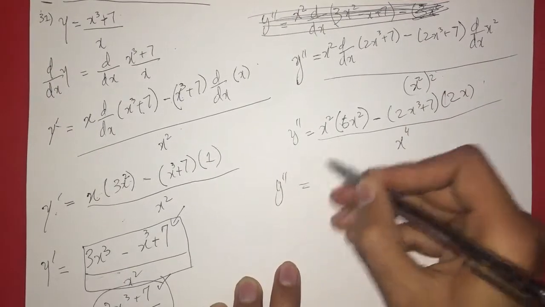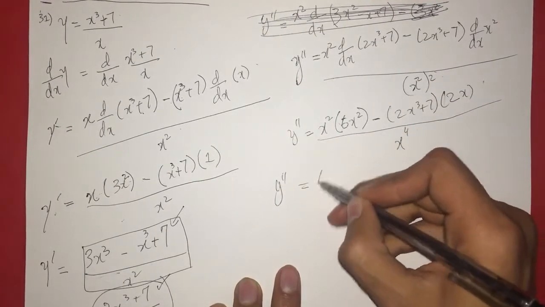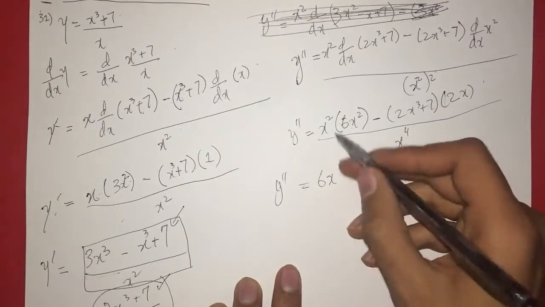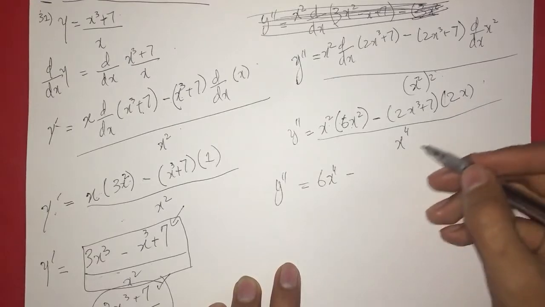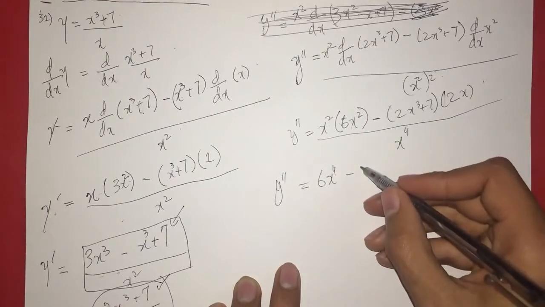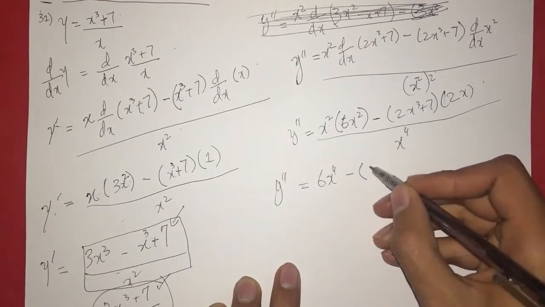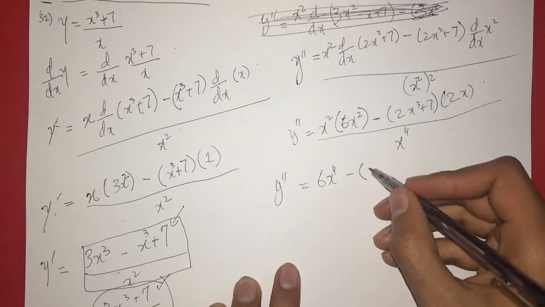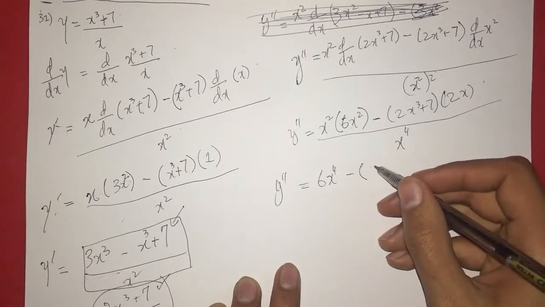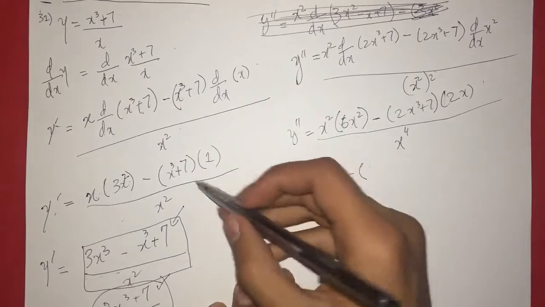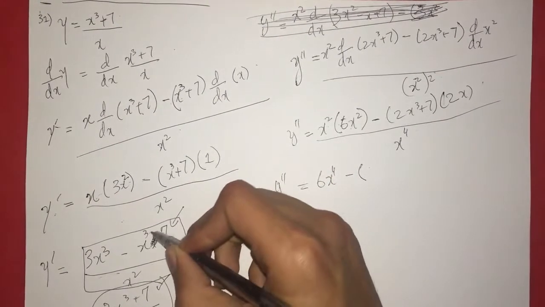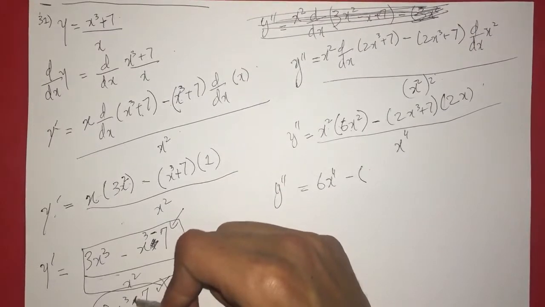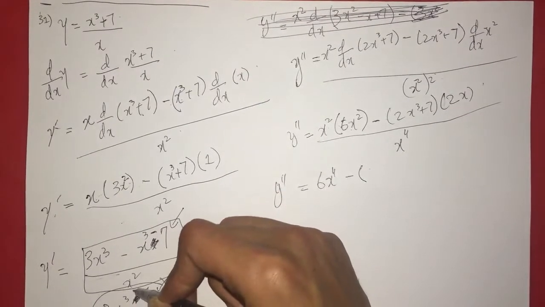So y double derivative is equal to 6x squared times x squared, minus 2x times 2x cubed, and this is actually minus x cubed minus 7, so it's 2x cubed minus 7, sorry.